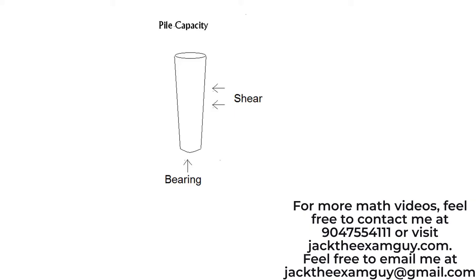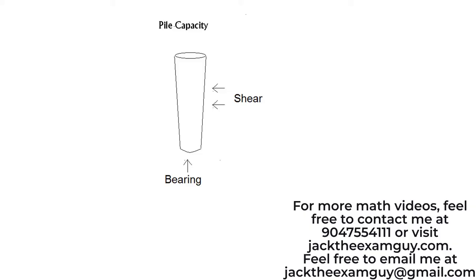So we're talking about pile capacity. How much weight will this pile support? The first thing that you have to know is that piles support load in two ways. In shear, this is the horizontal force of the soil against the piling, and that happens all the way around the piling, obviously.